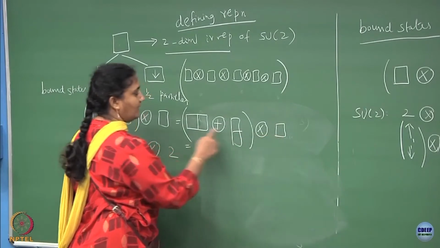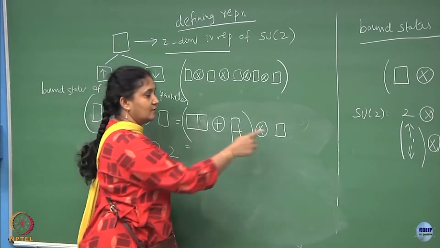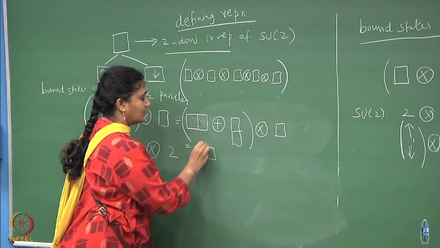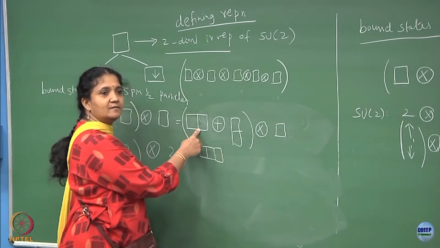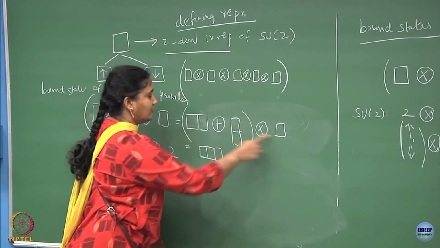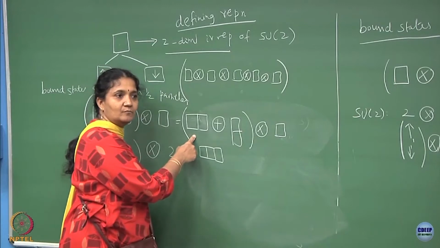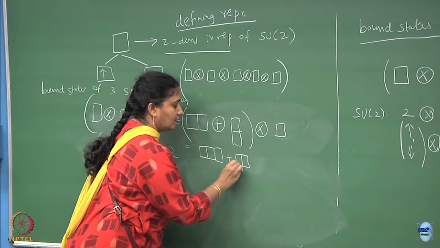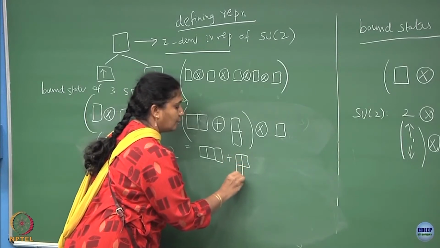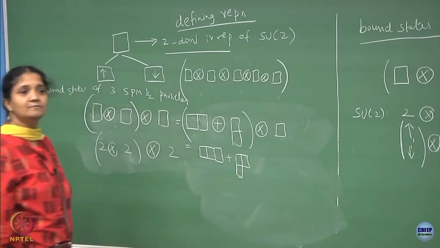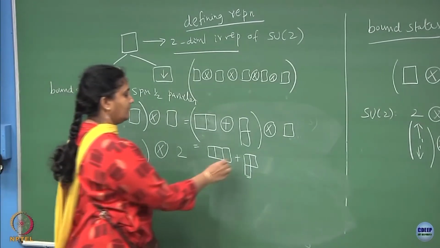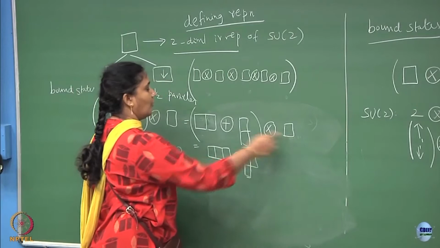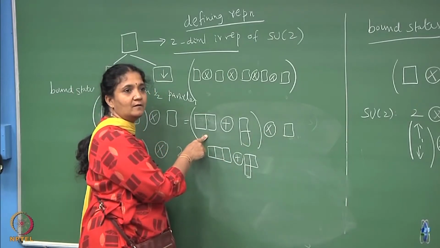So, you can combine with this box a single box along with this, then this box can go below, not violating any symmetry. So, let me write that. Okay. That is from the first box multiplying this one.